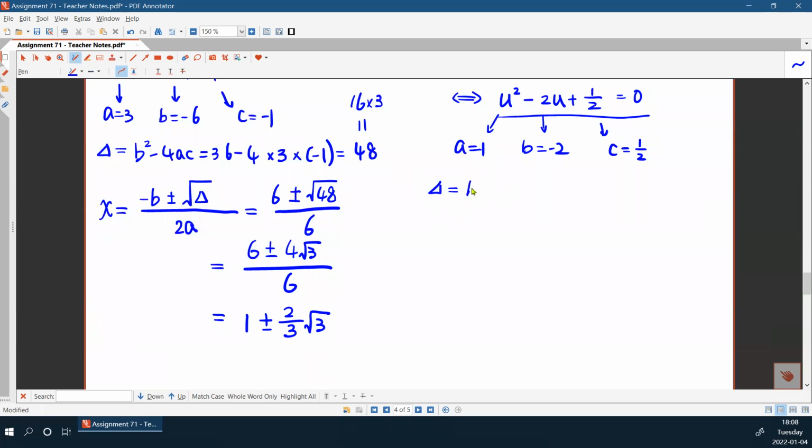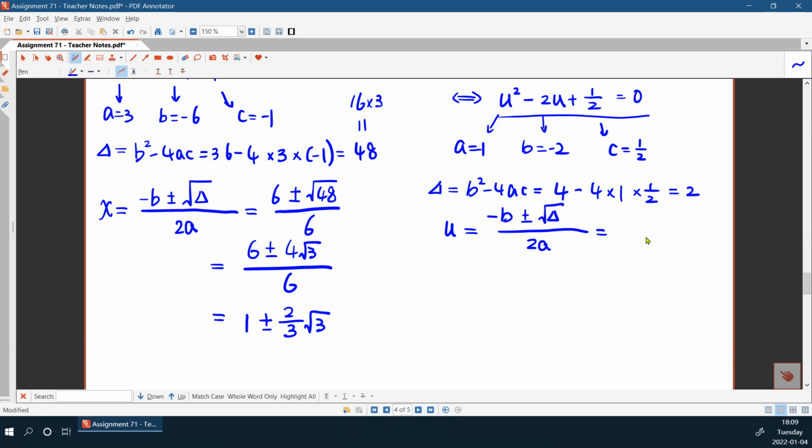Delta is b squared minus 4ac, which is 4 minus 4 times 1 times 1/2, which is 2, right? So the two solutions of the equation in u are 2a in the denominator and minus b plus or minus the square root of delta.